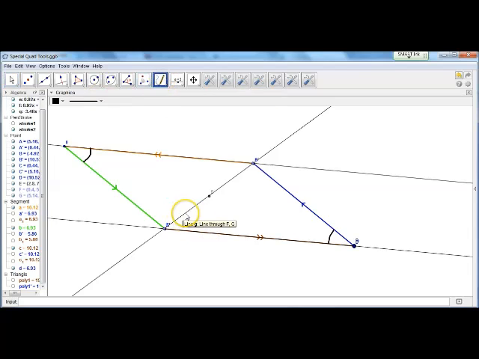I hope it makes sense to you that this angle right here and this angle right here have to be the same because they're alternate interior angles. Okay, this angle here and this angle here have to be the same because they're alternate interior angles.